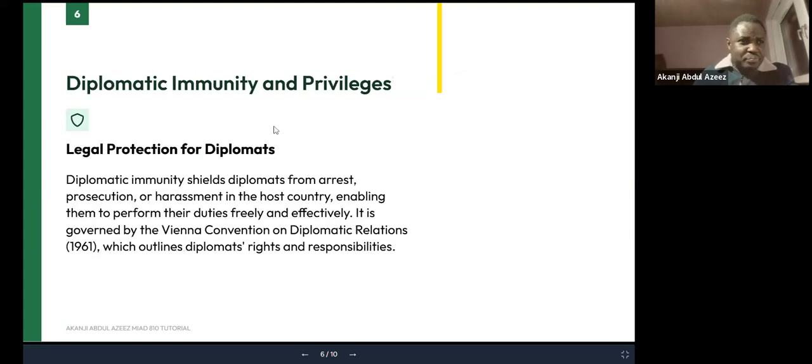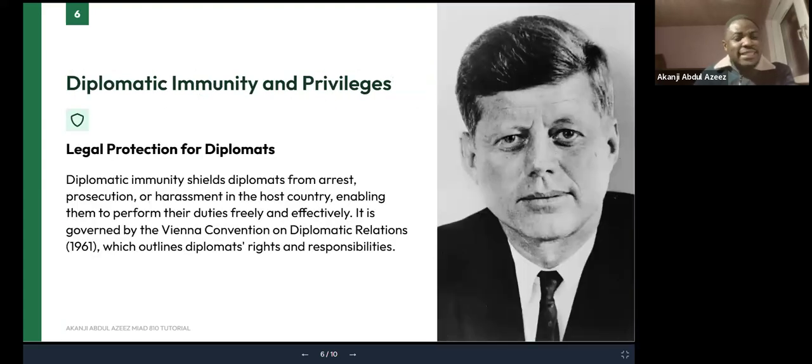Now, the next slide I have here is called diplomatic immunity and privileges. So one thing you need to know: diplomatic immunity, you understand, is the special legal protection given to diplomats in the country where they work.